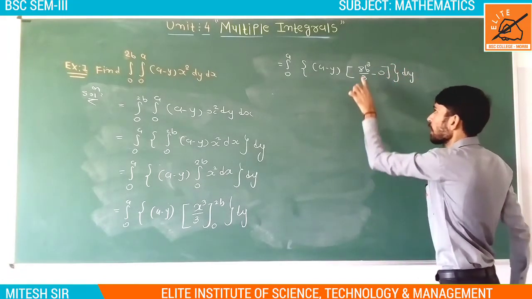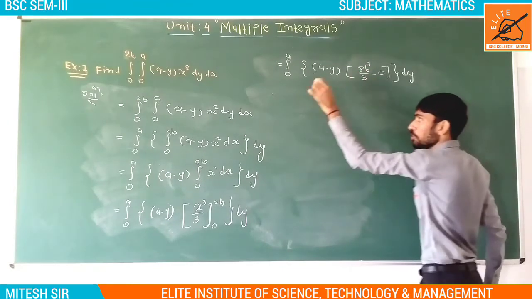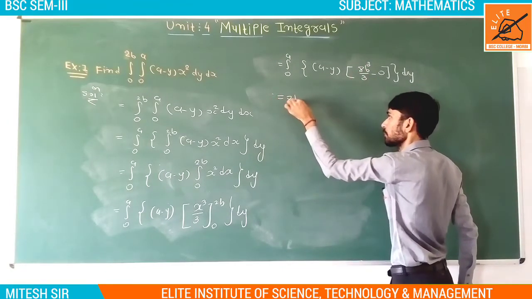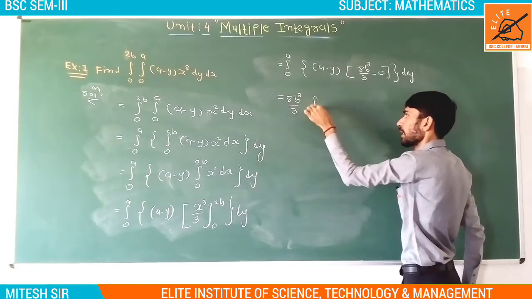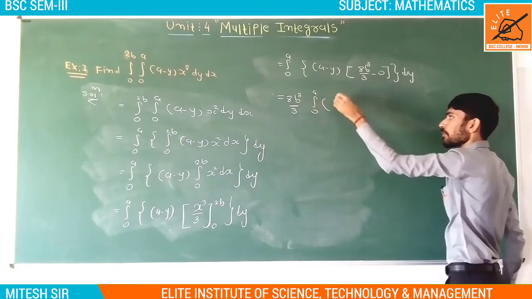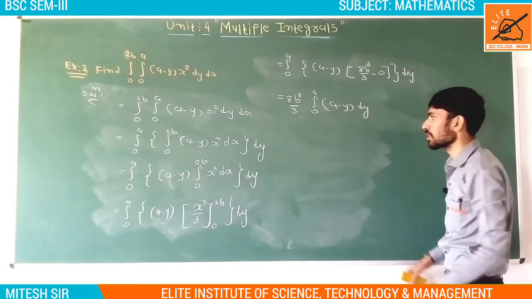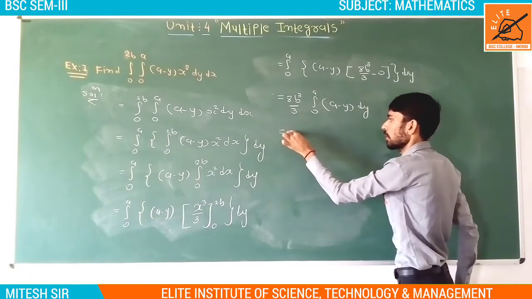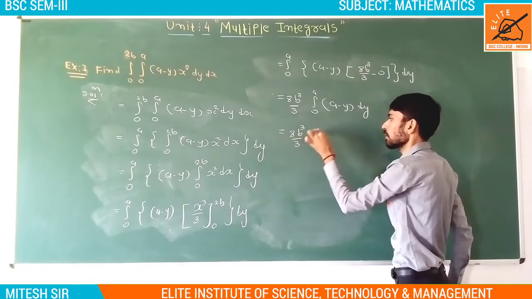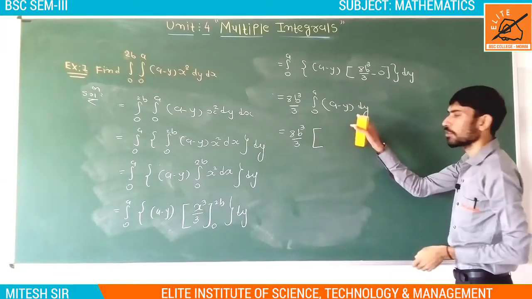Now just simplify. 8b cube upon 3 is a constant, take it outside. Integration 0 to a, the remaining function is a minus y dy. So this is a single integration, 8b cube upon 3. Here we are doing integration with respect to y.